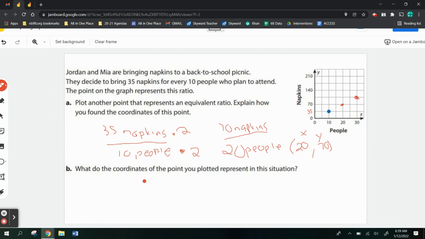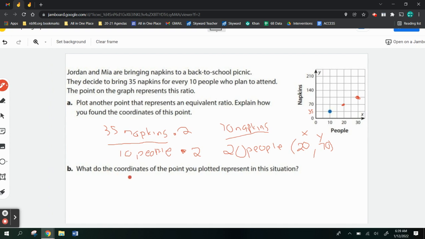And let's answer part B now. What do the coordinates of the point you plotted represent in this situation? So these are the coordinates, 20, 70.